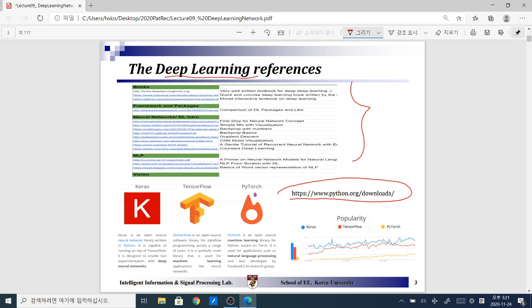The de facto language for developing code would be that of using Python. But these are some of the toolboxes, or I should say, a set of libraries that could enhance a much easier way of developing codes in deep learning. For example, like Keras, TensorFlow, and PyTorch. They're all open source, so you could actually download them by visiting these sites.